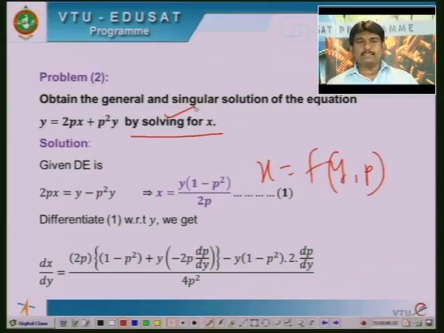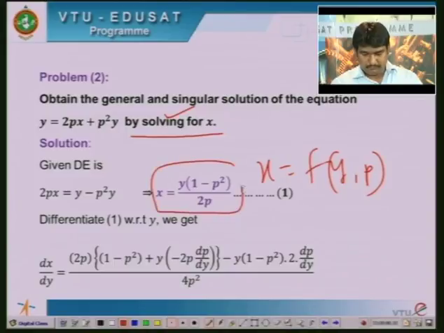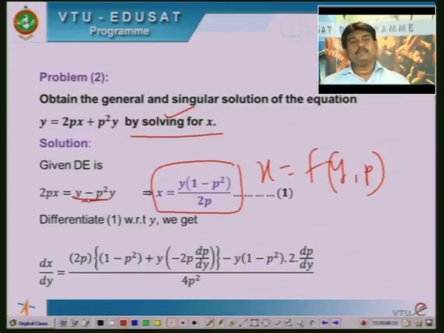That is, you have to express this differential equation in terms of x first, which I have done here. It's a simple substitution. x equals, take y common here, y into 1 minus p square, divided by 2p. x equals y into 1 minus p square divided by 2p. It is in the general form.